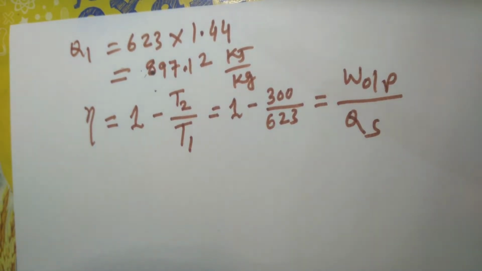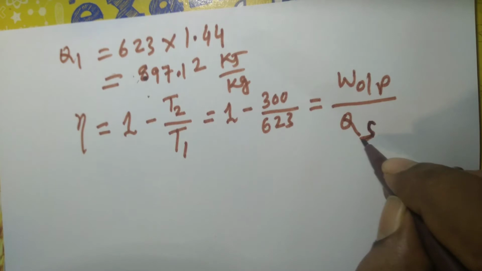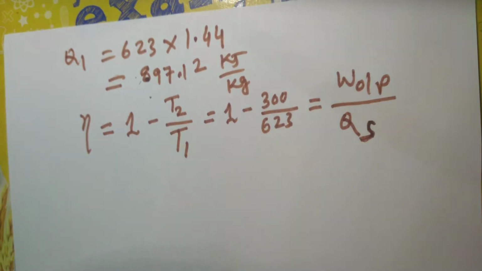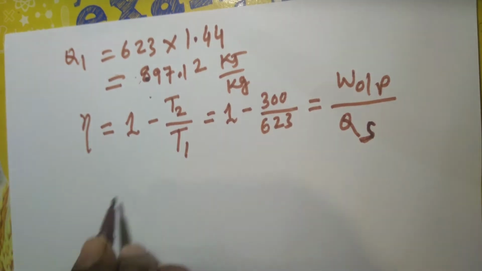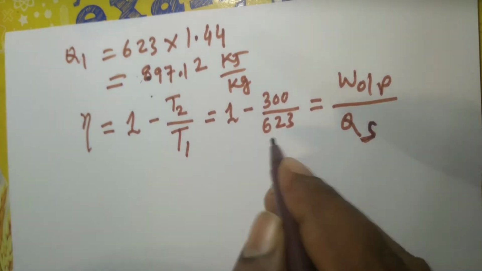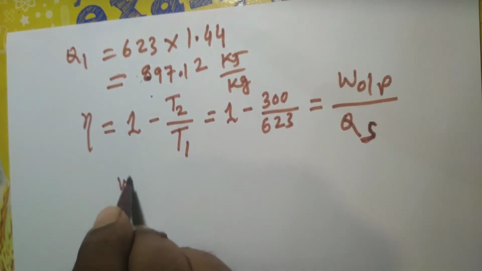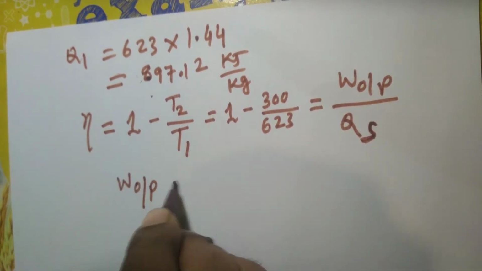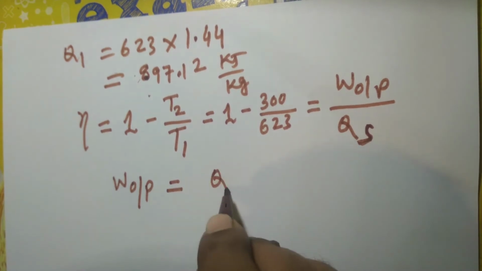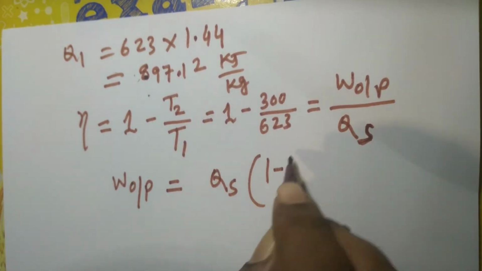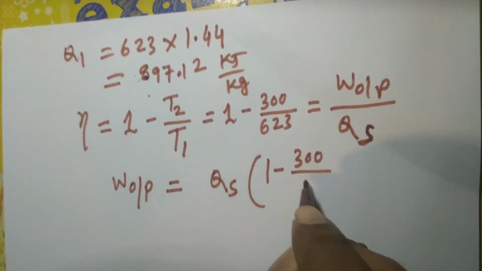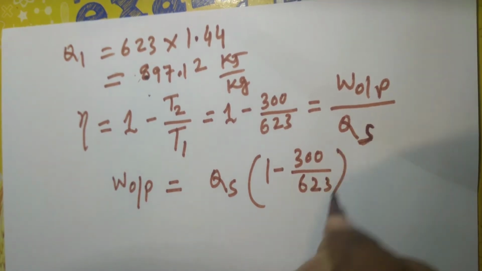The basic definition of efficiency is work output divided by heat supplied. What is the net work output from heat supplied? That is what the efficiency measures.